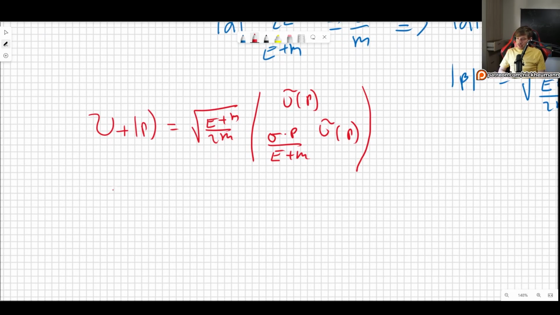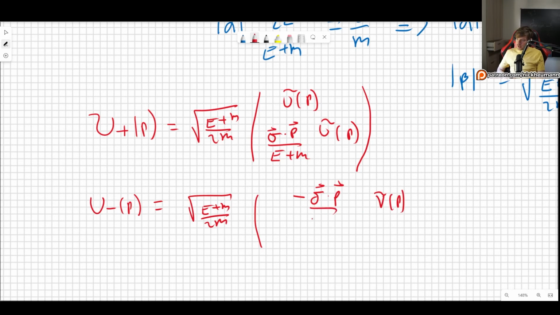And for the negative energy case, we would have the same constant in front, so E plus m divided by 2m, but then we have minus sigma dot p. This is, of course, vectorial, all of it, so let's not forget about it. And then v tilde of p divided by E plus m, v tilde of p.